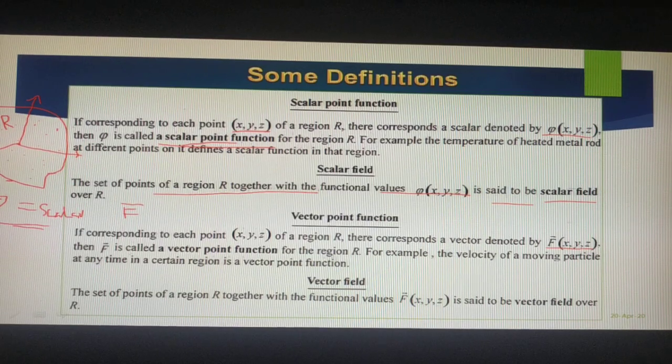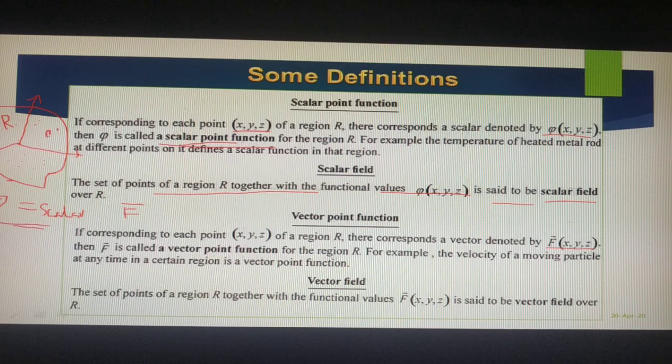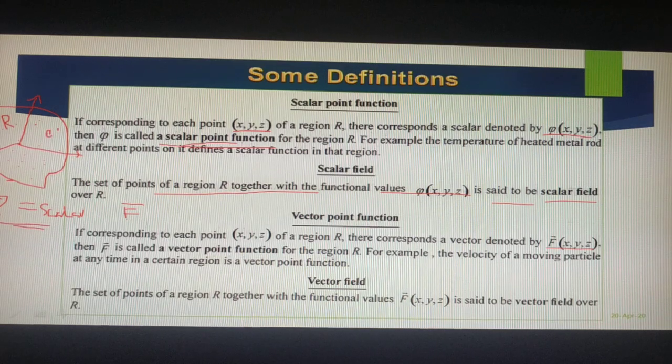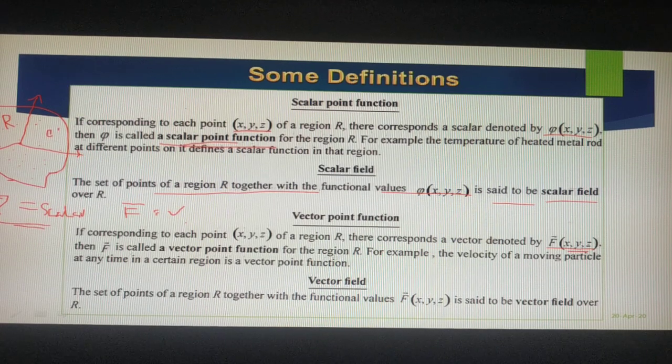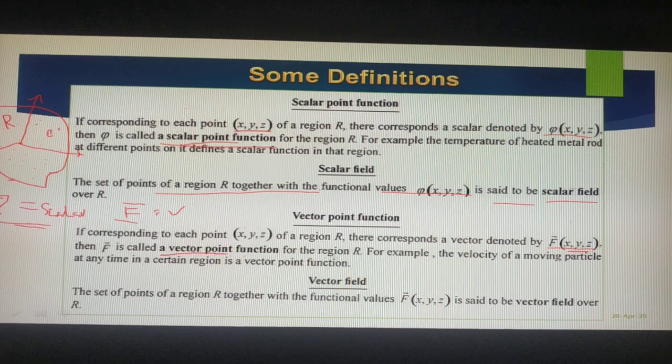So again, as usual, there are some points here. Let me take one point here, which is xyz. If I send it to this function f of xyz, I will get a vector. So if I get a vector, then I can call this particular function a vector point function.